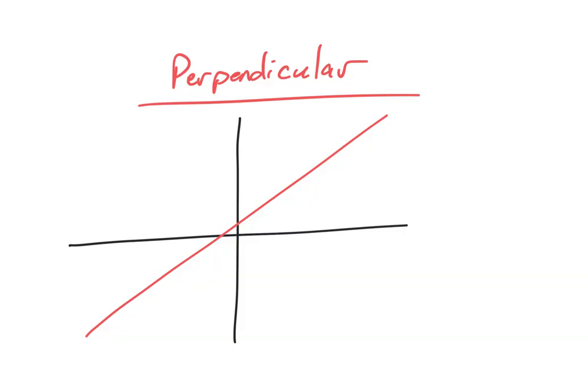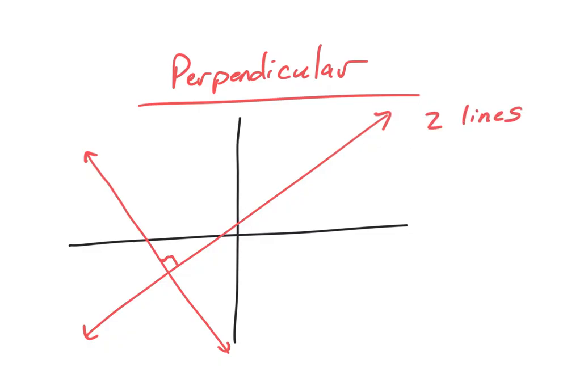If we knew what the slope was, yes. What'd you say? Has to make a 90-degree angle. Good. Okay. If these two are perpendicular, then the point where they cross should make a 90-degree angle. Okay.